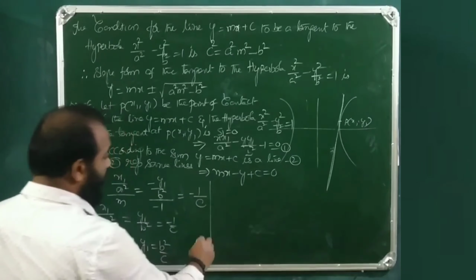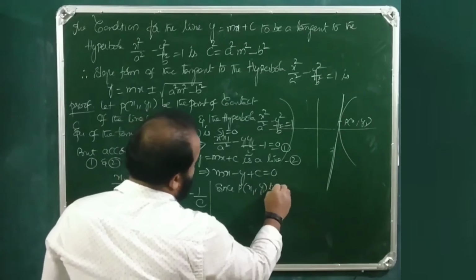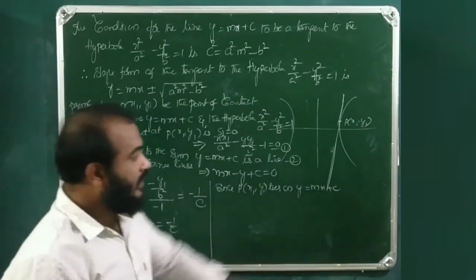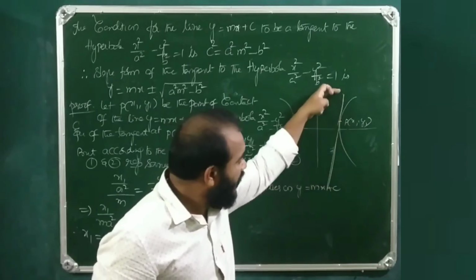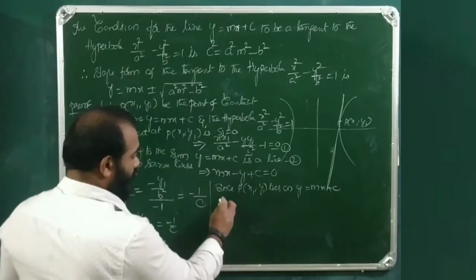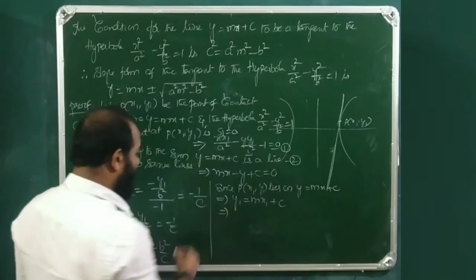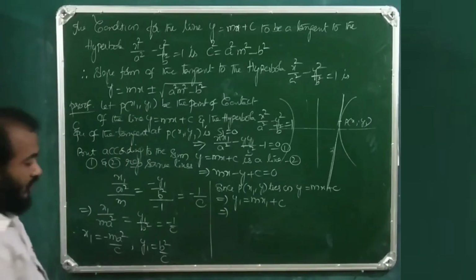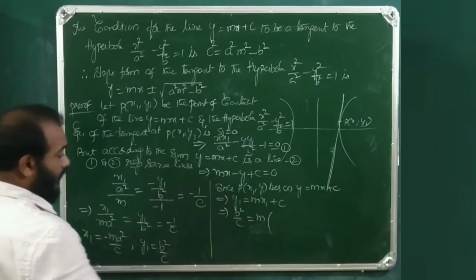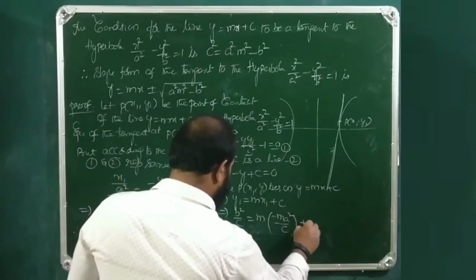Since P x1 y1 lies on y is equals to mx plus c, this line is passing through P x1 y1. Substitute y1 is equals to m x1 plus c. So we got x1 y1 here. Let us substitute. B square by c is equals to m into x1 value, which is minus m a square by c, plus c.